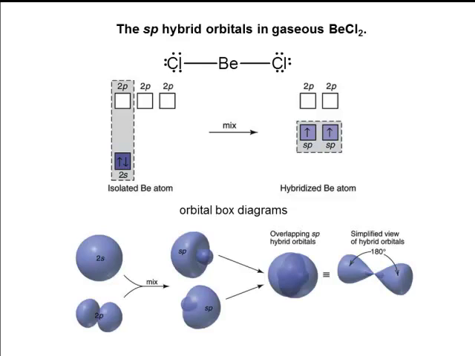When we look back at this picture again, the 2s and the 2p were atomic orbitals, the sp were hybrid orbitals, and when we overlap, we get that 180 degrees between the two orbitals. What's beryllium's molecular geometry? It's linear. Why is it linear? Because those sp hybrid orbitals are going to be linear from each other. That's the way they're going to overlap. So if I have a linear geometry, I'm going to have sp hybridization.